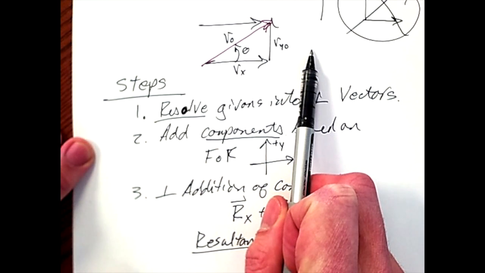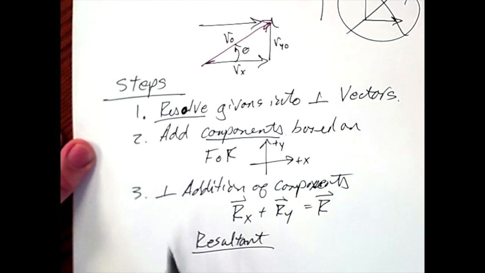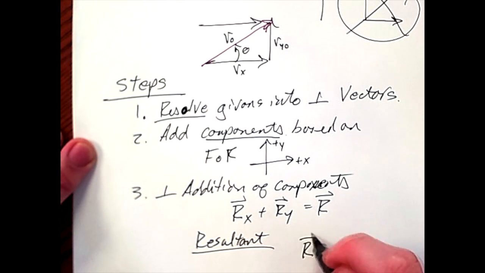Once I have this, then all I have to do is list this resultant as a vector, which means that it has both magnitude and a direction given in degrees according to the compass rose that we started with at the top. And so we're taking two vectors, breaking them into perpendicular x's and y's, and then putting it back into one vector that may not align with x or y.